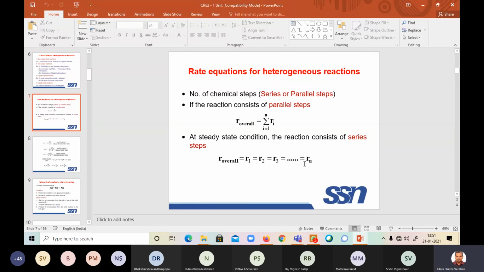This you will understand when we go for derivations, because in heterogeneous reactions we assume all reactions are series in nature. Therefore, the rate at 1 is equal to the rate at the second step. That is what you will be equating and doing the derivations. That we will see when we go for the derivation part. Don't bother much about this particular thing.